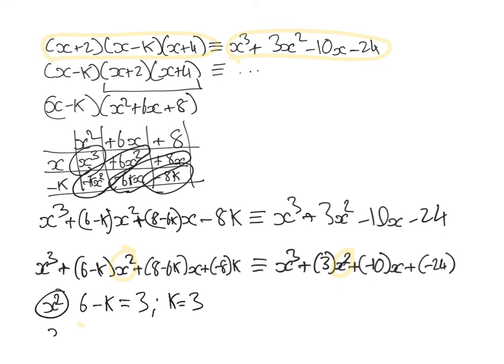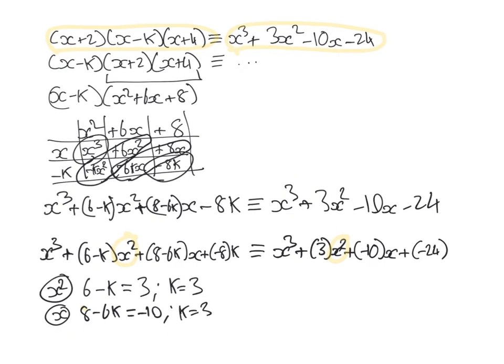We could do it with the x coefficient. On the left-hand side, we have 8 minus 6k, and on the right-hand side, we have a negative 10. So if that's the case, how do we get to negative 10? Negative 10, 18 equals 6k, so k equals 3.